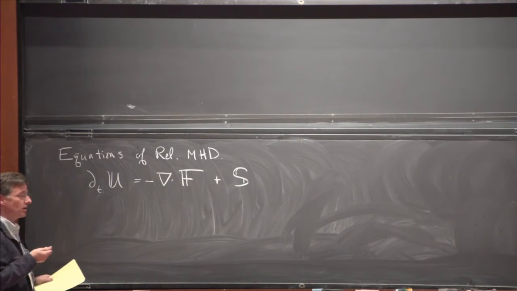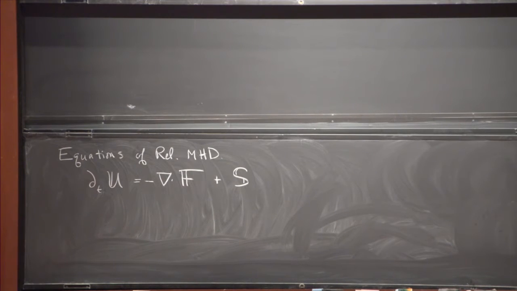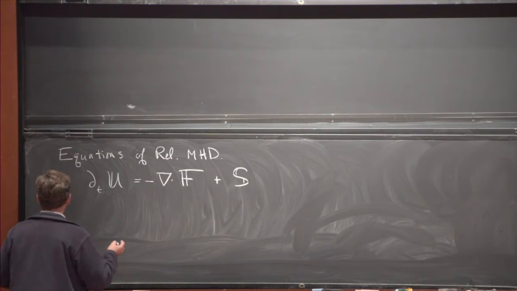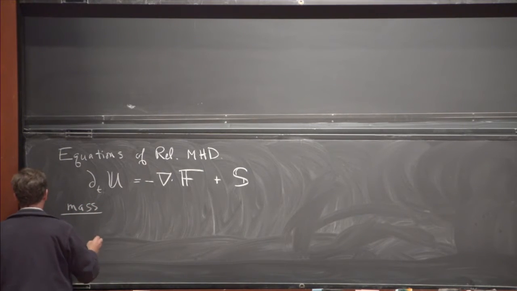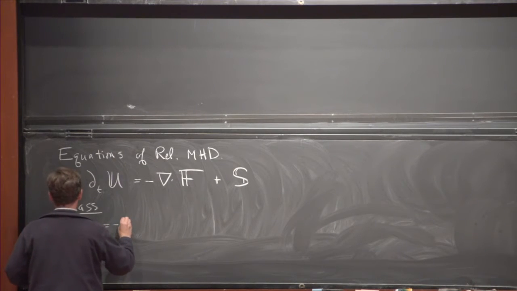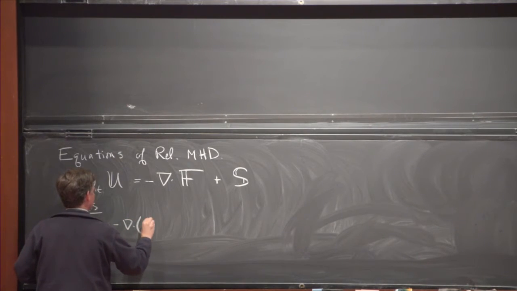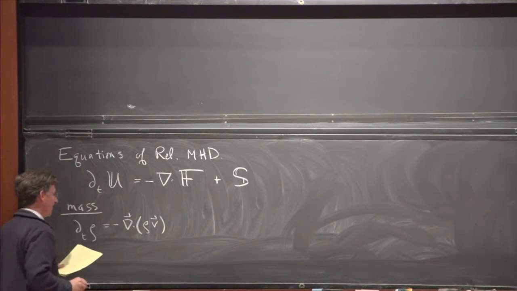So what I'm going to do is go through and write down each of the basic equations in non-relativistic form, and then use that to motivate a transformation, with sort of a replacement rule, to a relativistic form, which looks extremely similar. Okay, so the mass conservation equation in non-relativistic form is that.